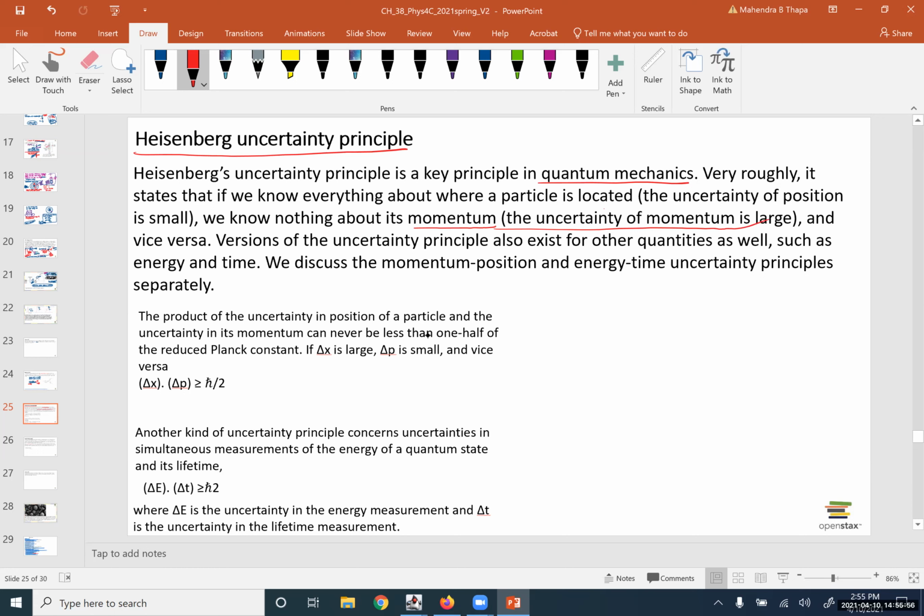If the uncertainty in position is delta x and the uncertainty in momentum is delta p, the product will be greater than or equal to h/2.